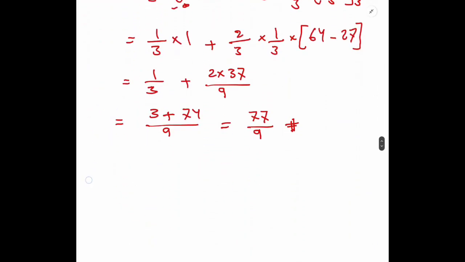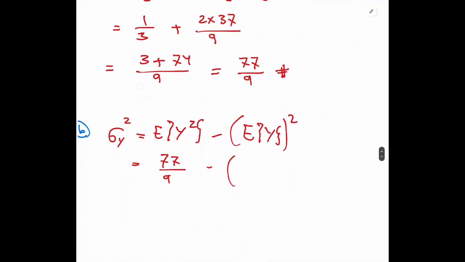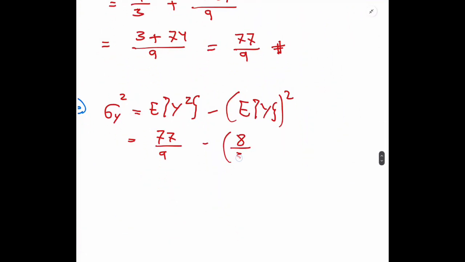And part B, to find the variance, we just take the expectation of y squared minus the square of the mean. So that will be 77 divided by 9 minus 8 over 3 squared.